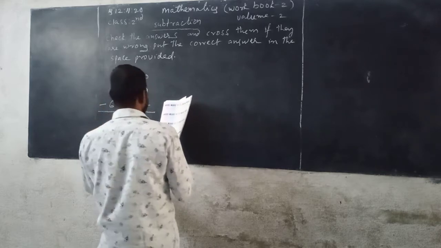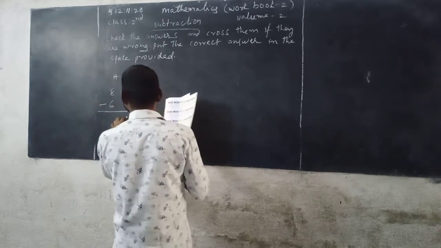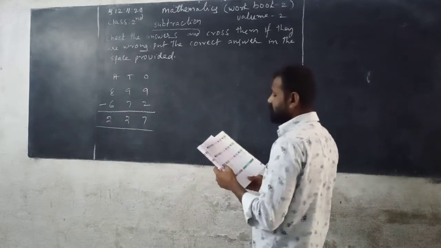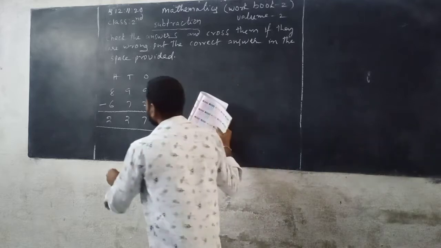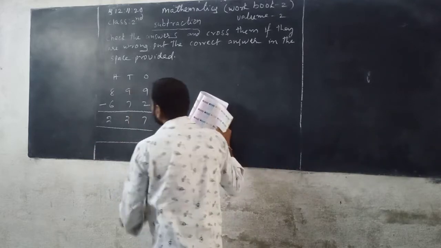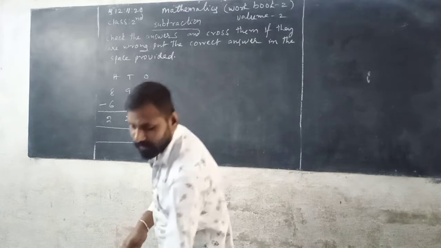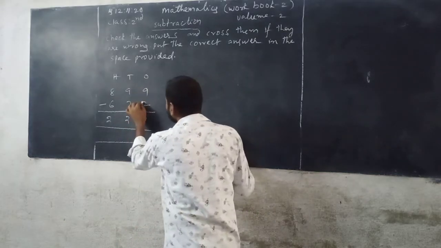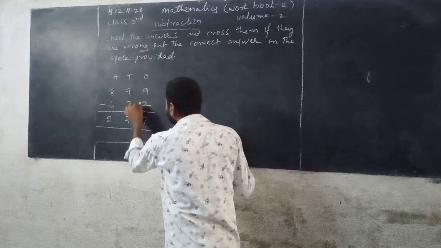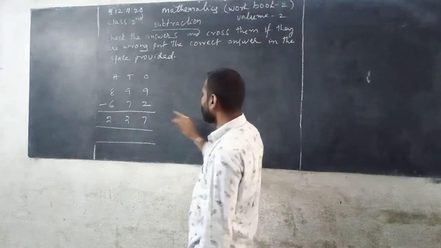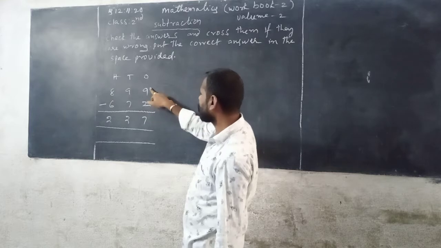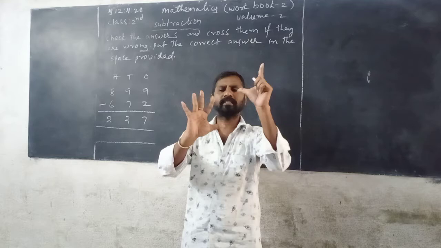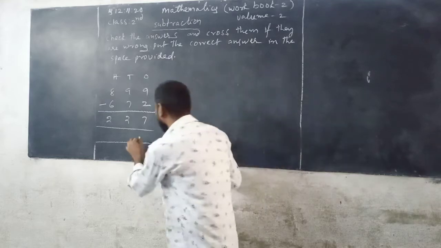The difference is already given as 277. Let us do the subtraction method here. 9 minus 2, you can get 7, correct? You can count 2 after to reach 9: 2 after 3, 4, 5, 6, 7, 8, 9. So here write down 7.